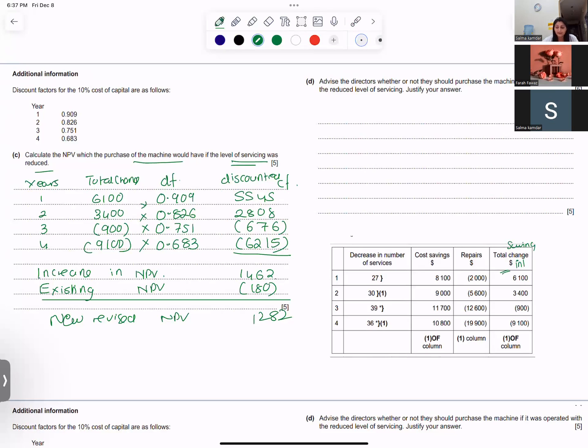So if I reduce the number of services, I can think to buy the machinery because the project will also pay back and NPV is positive. Are you with me?